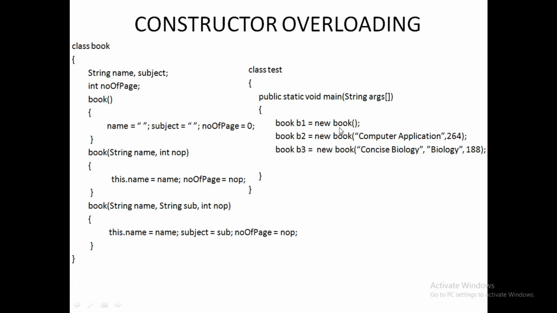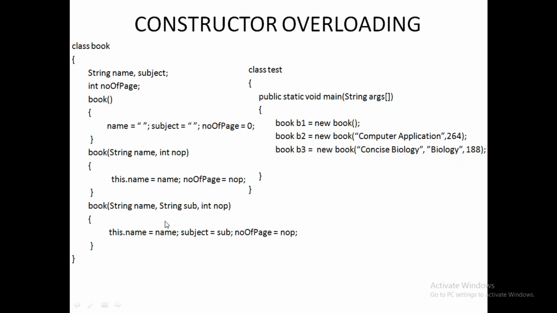First one, I have used the default constructor. Second one, a constructor with two values, therefore this constructor will be executed. And in the third case, during the creation of B3, I have used three values, therefore this constructor will be executed.